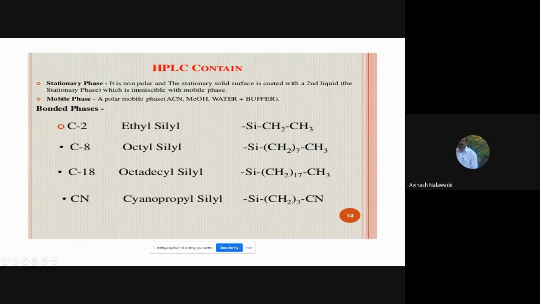Octyl silyl, the structure is like this. For octadecyl silyl, the structure is like this, that is for C18, and for cyanopropyl silyl, the structure is like this. So these bonded phases are attached and act as a stationary phase. All these phases are stationary phases. The stationary phase is attached to the packing material in the column, and through this packing material your solvent will pass, and in the solvent that passes there will be your analyte which is to be separated. Okay.